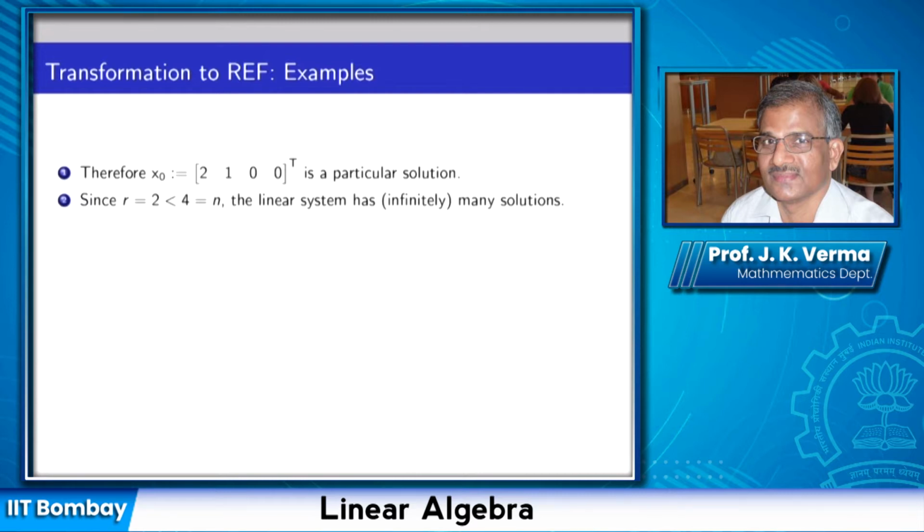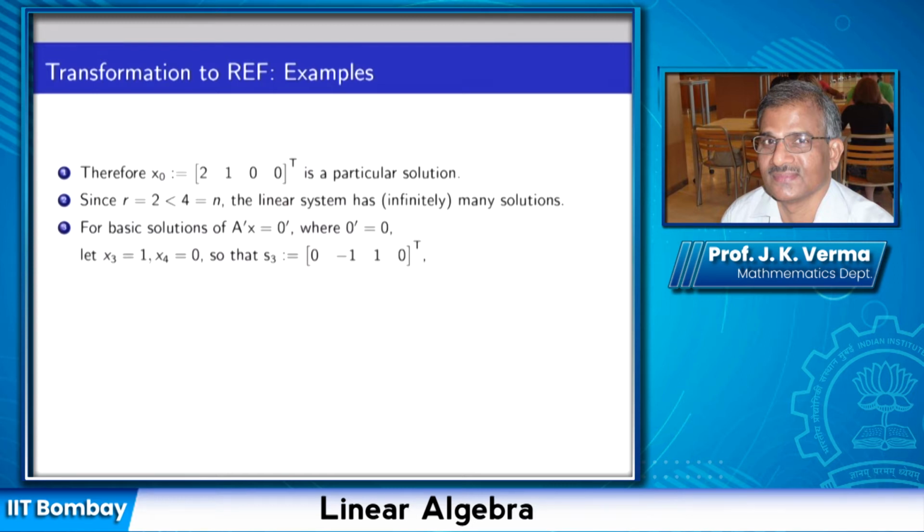Now we find the fundamental solutions of the corresponding homogeneous equation. There are two pivots and there are four variables, and therefore there are infinitely many solutions. To find these infinitely many solutions, we first construct the fundamental solutions. To construct a fundamental solution, we look at the non-pivotal variables. The non-pivotal variables are x3 and x4. So we put x3 equal to 1 and x4 equal to 0 and do the back substitution.